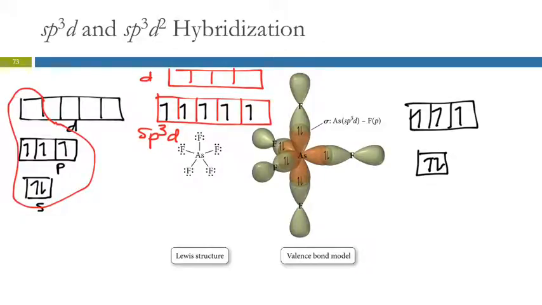So this would be the fluorines, s and p. Remember, these are the terminal atoms. We're going to assume they're not hybridizing. They do, but not very much, so we can ignore it. So fluorine has a half-filled p orbital. Fluorine likes to make a single bond. It'll take this and overlap with the hybrid orbitals on the arsenic. And so we'll get 5 fluorines.